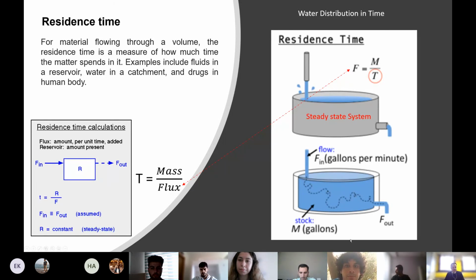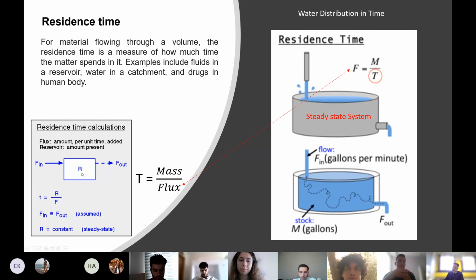To calculate it, if you know the flux of input, which is exactly equal to flux of output, you can just extract T, the residence time, from this equation, because you know the flux: T equals mass divided by flux.